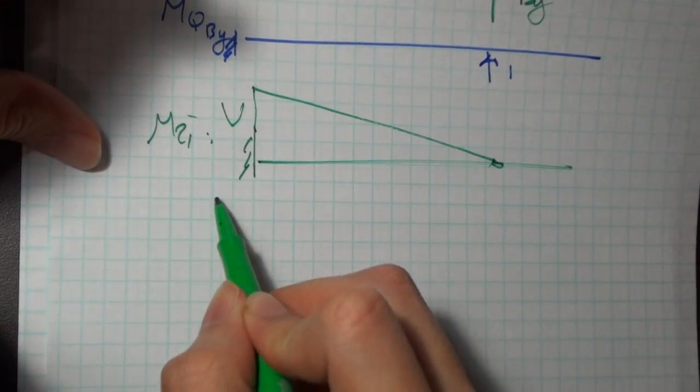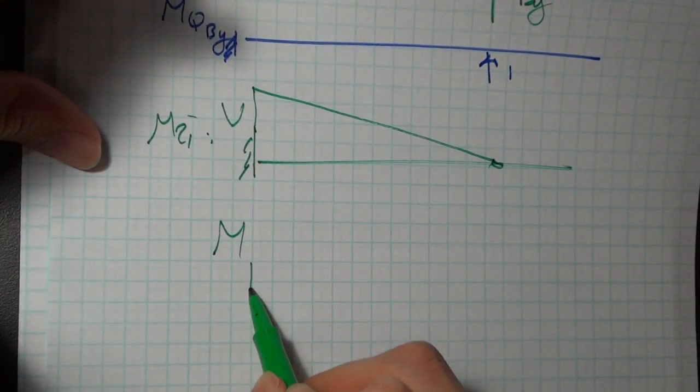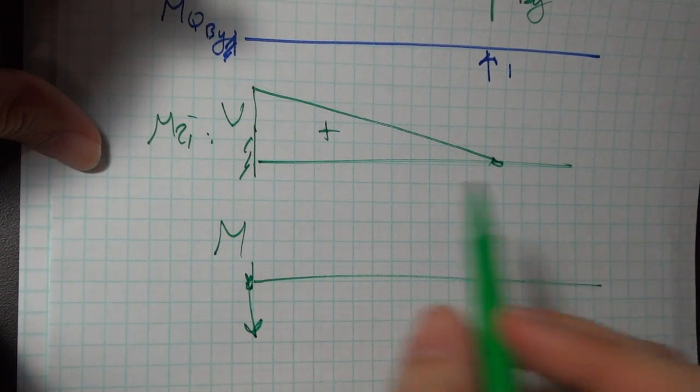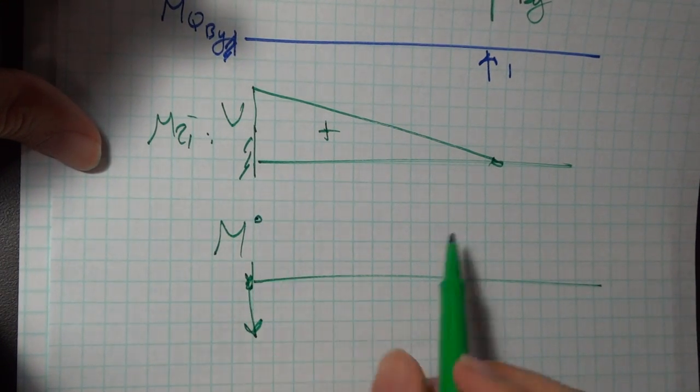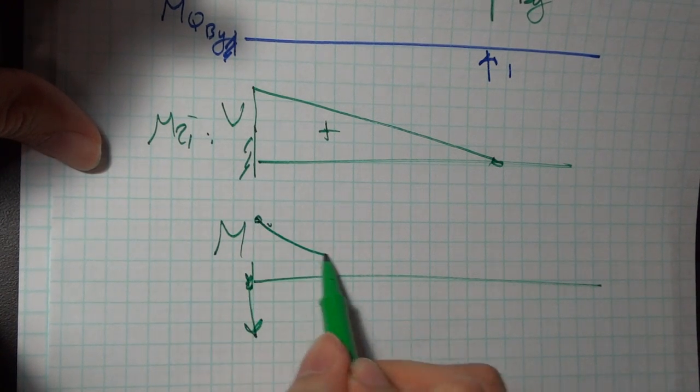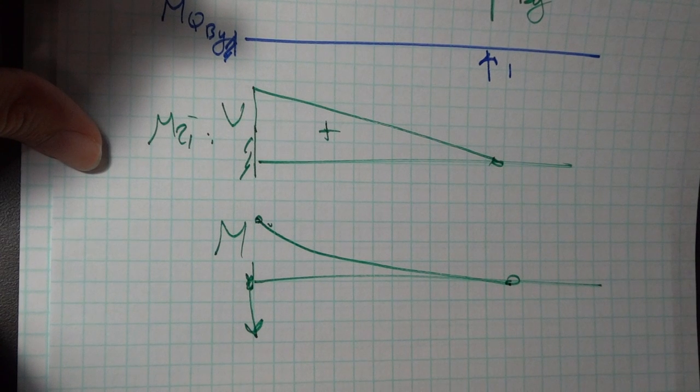This is my shear diagram. My moment diagram would start off, so this is all positive. If I draw my moment diagram positive downwards, I need to start off with some negative value. I'm going to have a large positive slope, and it's going to become less and less positive. So my moment diagram would look something like that.